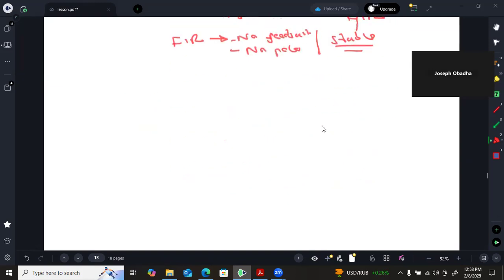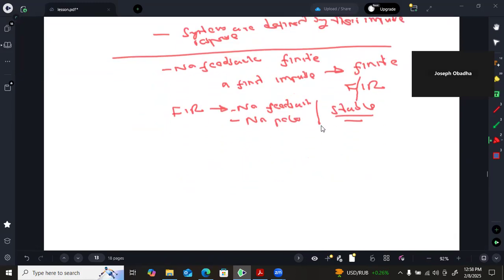But the case where we have the infinite response is where you have a feedback. It means if we feed it with an impulse signal, then the output would be infinite. Because the moment we have an output and then it is continually fed at the input, there's no end to it.